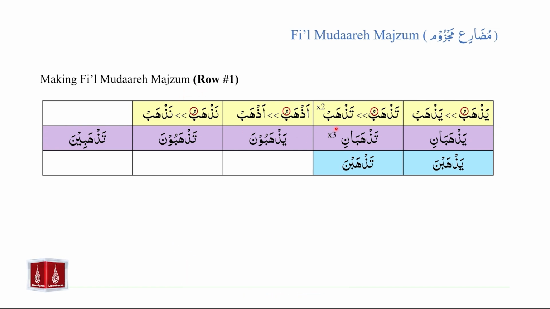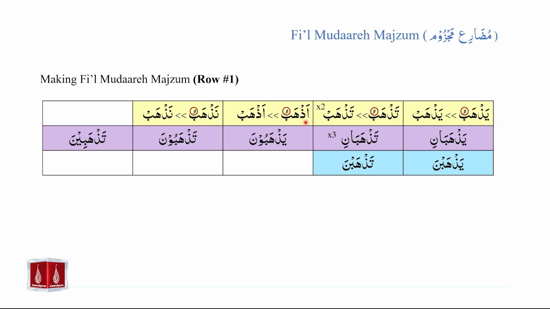And to remind ourselves of fi'il mudare mansoob, we had yazhabu as fi'il mudare marfu. Yazhaba was fi'il mudare mansoob, and yazhab is fi'il mudare majzoom. Similarly, tazhabu is marfu, tazhaba is mansoob, and tazhab is majzoom.